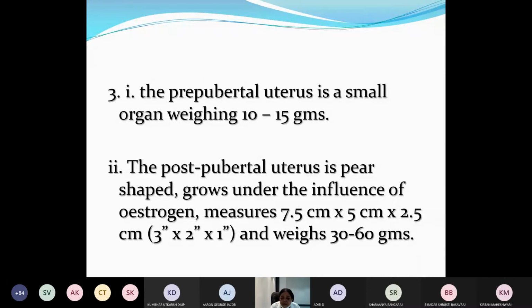It is pear shaped, grows under the influence of estrogen, measures 7.5 centimeter by 5.5 centimeter by 2.5 centimeter and weighs about 30 to 60 gram.